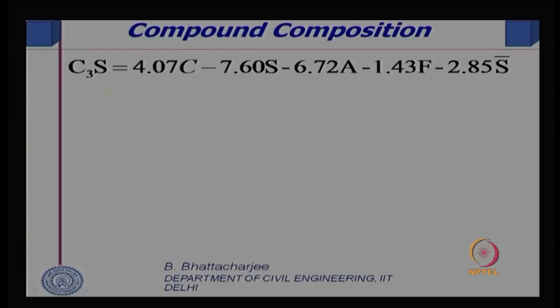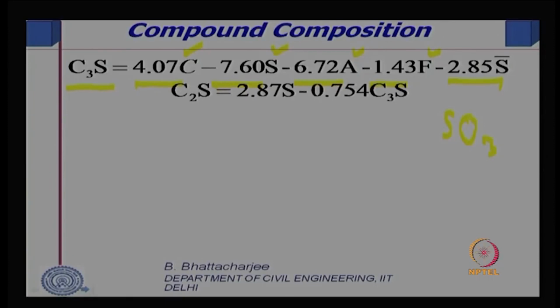C3S amount is given as 4.07 C minus 7.60 S minus 6.72 A minus 1.43 F minus 2.85 SO3. So, from this you can find out how much C3S there will be. If you know the oxide composition, then you can find out the C3S composition approximately using this empirical equation.